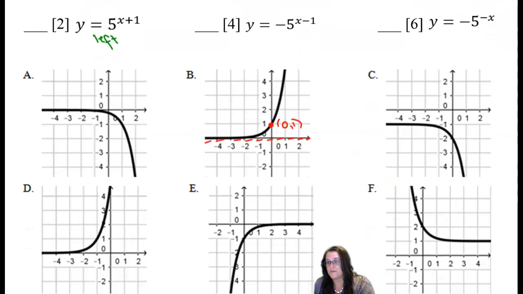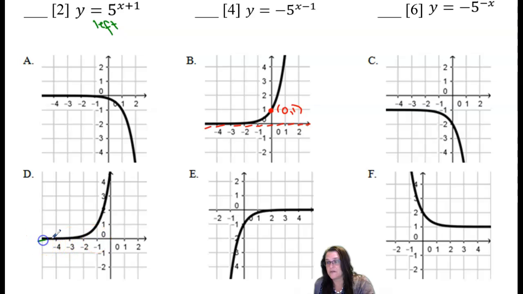So as I look for that graph, here's one where the horizontal asymptote has stayed the same as the parent graph, but I notice that instead of passing through (0, 1), now the equation is at (-1, 1), because that's a shift to the left of 1 unit. So that would be graph D.